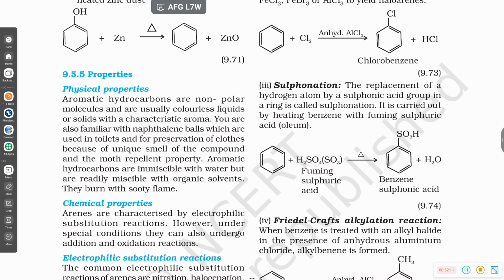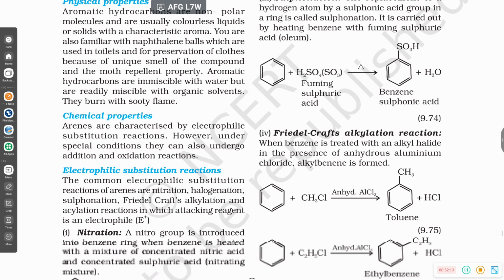Understood? Next, Friedel-Crafts alkylation, the scientists' names, and Friedel-Crafts acylation. What reagent do we see? Anhydrous AlCl3 with CH3Cl. Very important. There is so much to tell; I will discuss that. What is the electrophile here? CH3+.